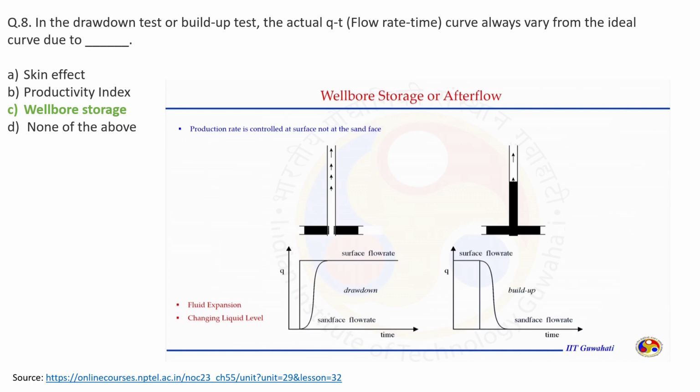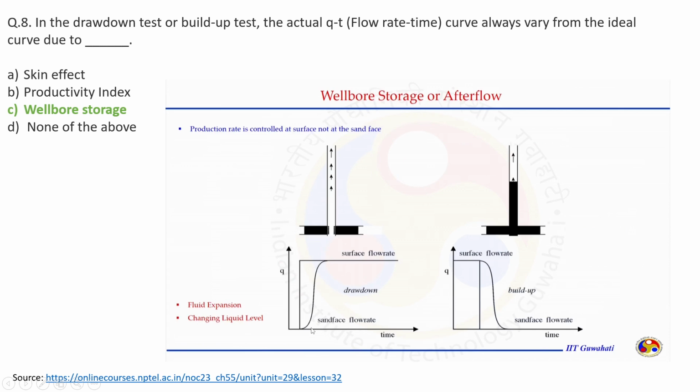Because of the fluid stored in the wellbore, there can't be an abrupt change in the flow rate. So the flow rate will change with a little lag in time. This is because of the stored fluid inside the wellbore, that whole line from the reservoir to the top. So that's why the curve does not follow the ideal curve, because of the wellbore storage.